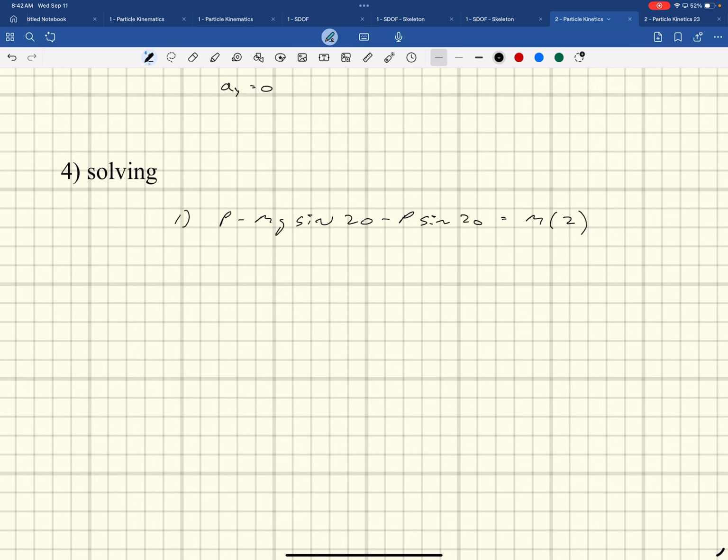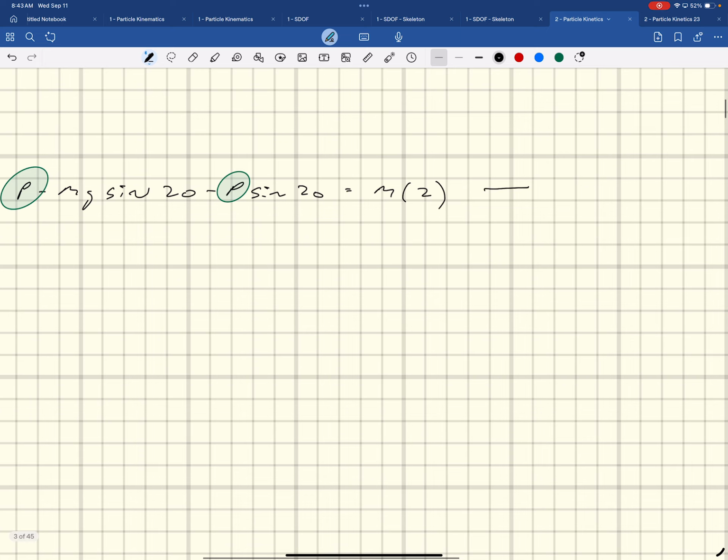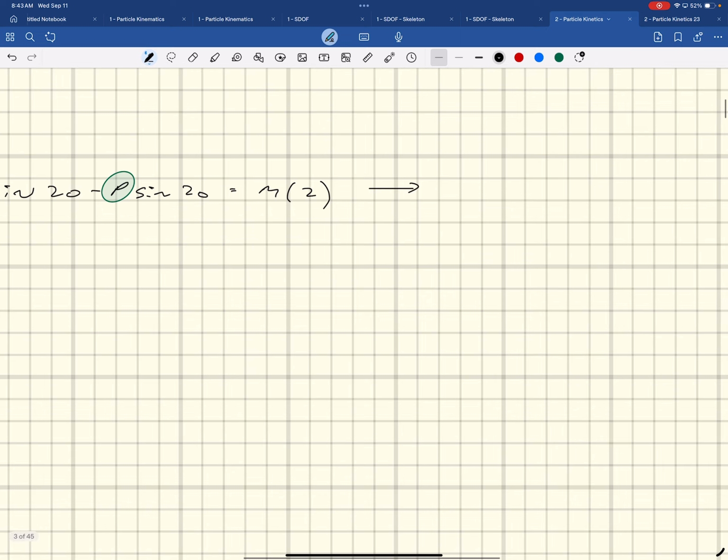Right, and we have all those values except for P. P is the only unknown in this. I'm just after that. What do you do at this point? Calculator. Right, and this would be P is equal to 1.63 newtons up.